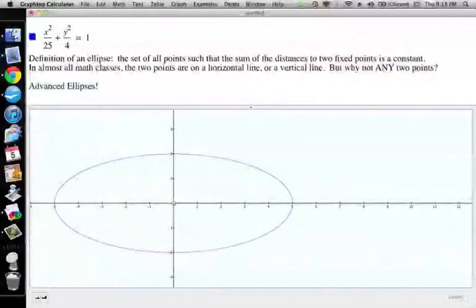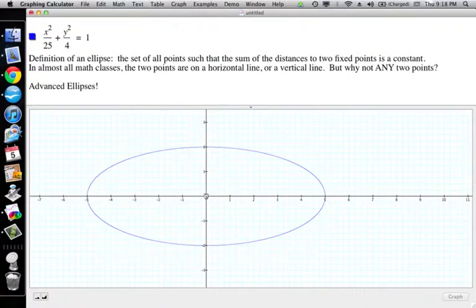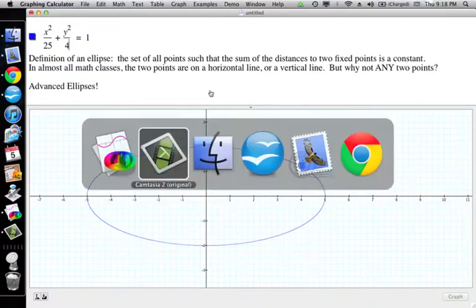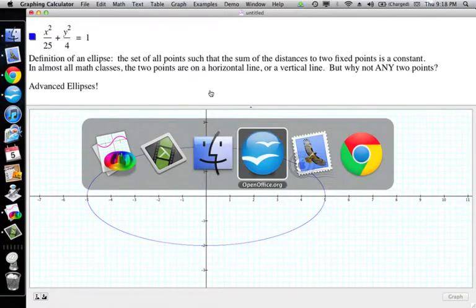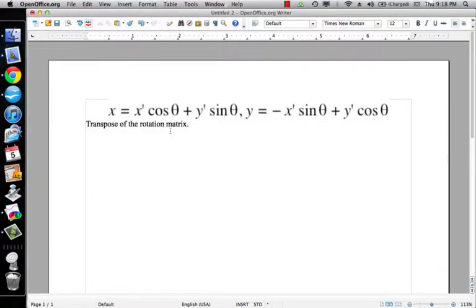Okay, now suppose I want to rotate that. Well, I talk about that in a big long video that I do on rotating parabolas. But basically, the formula that you're really going to be looking for is the transpose of the rotation matrix. And this gets really, really complicated, but you can go online and learn more about rotation matrices.